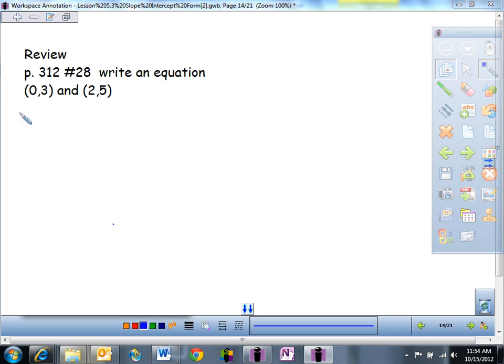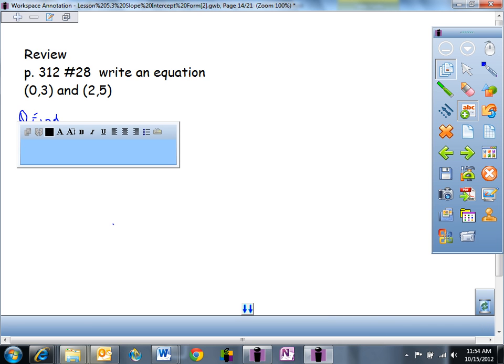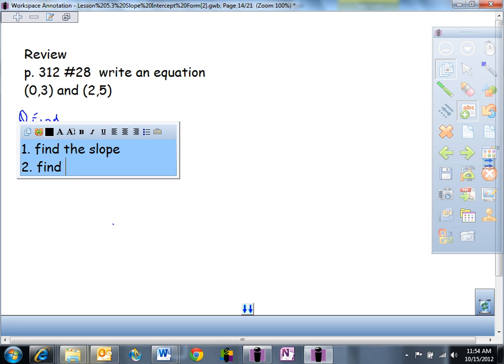So remember, step 1 in writing an equation is to find the slope. Step 2, we need to find our b.